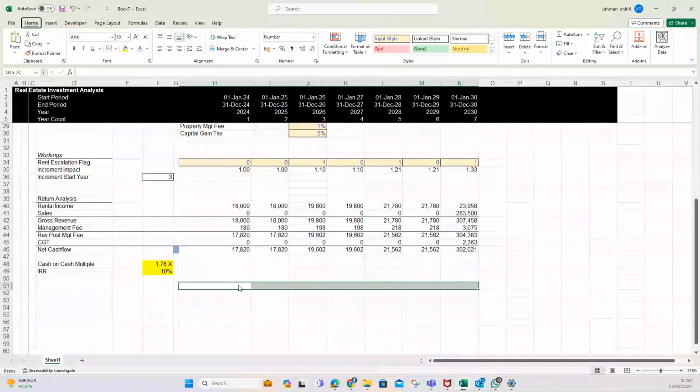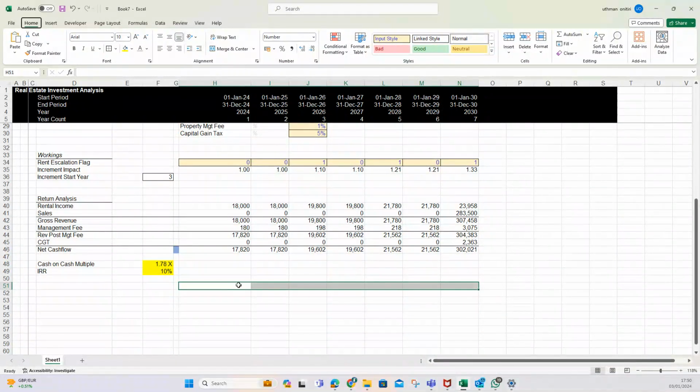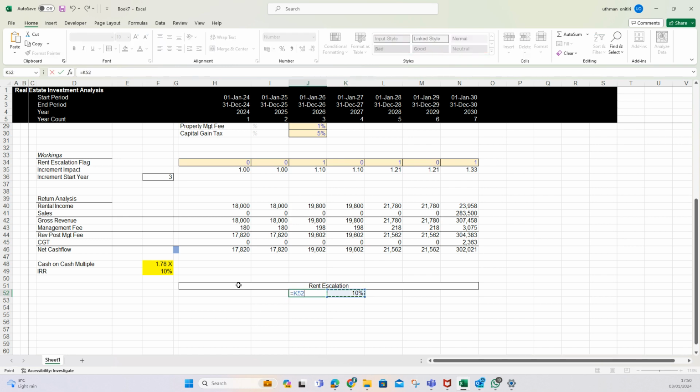Rent escalation. So we start off with the middle ground, so 10%, minus 3%.